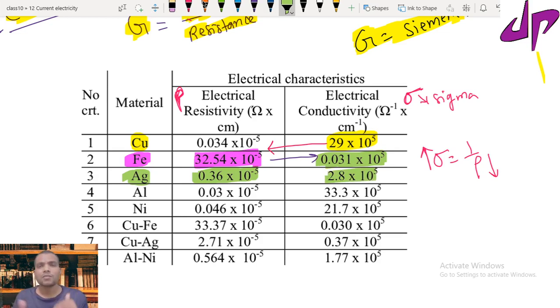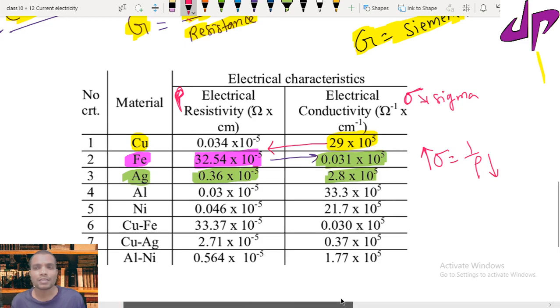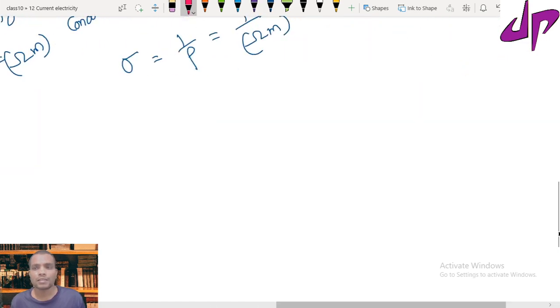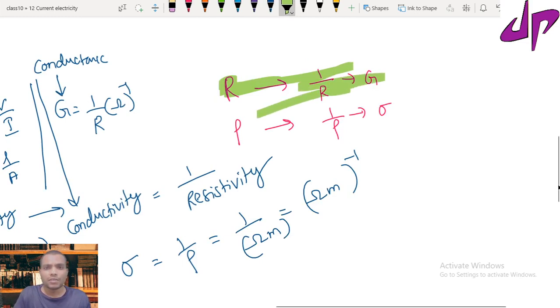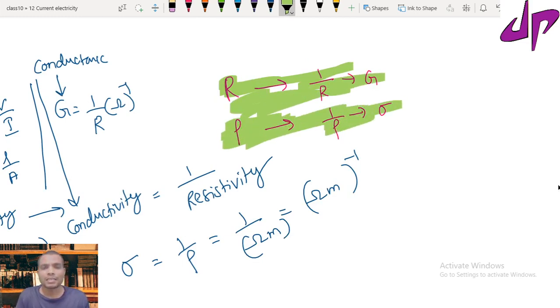So for a given material, conductivity and resistivity, or conductance and resistance, both exist in the same material, and these two are inversely related.